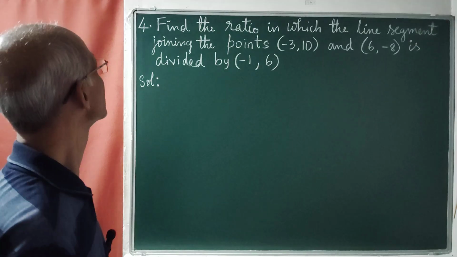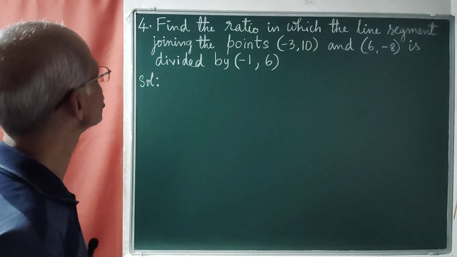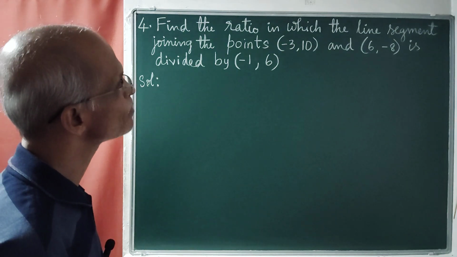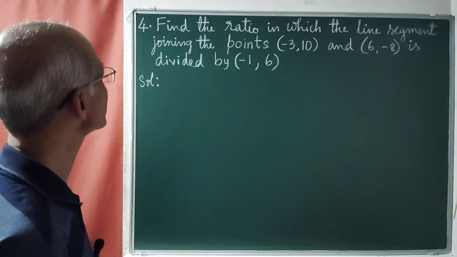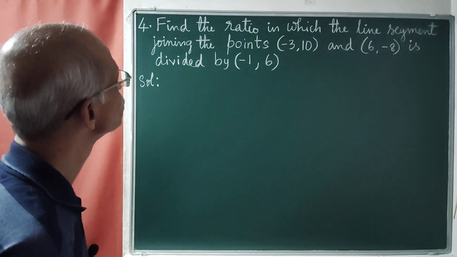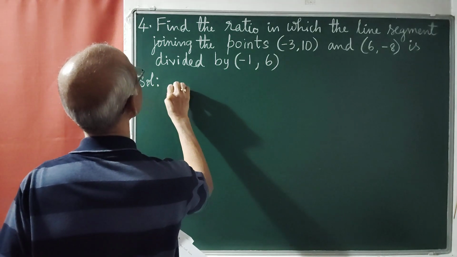The fourth question, find the ratio in which the line segment joining the points -3, 10 and 6, -8 is divided by -1, 6. So let that line be AB.